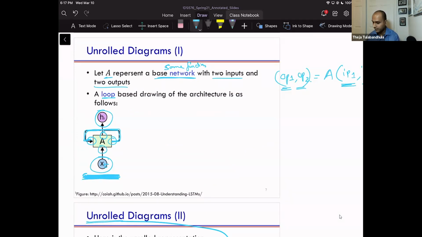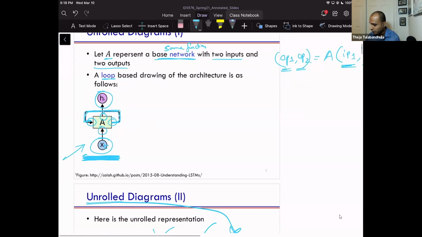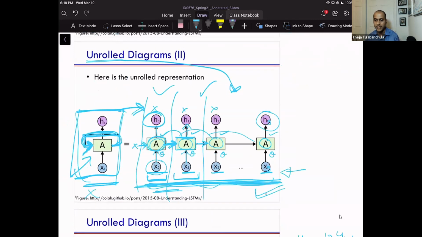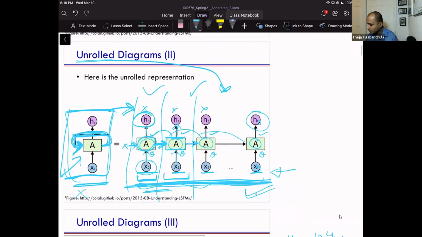The underlined figure here is a compact way to draw this RNN architecture, but this is not how the RNN architecture works. By looking at this diagram, you should be able to form an equivalent diagram, on the right side here, and that's the actual diagram of the neural network. So what does that neural network look like?